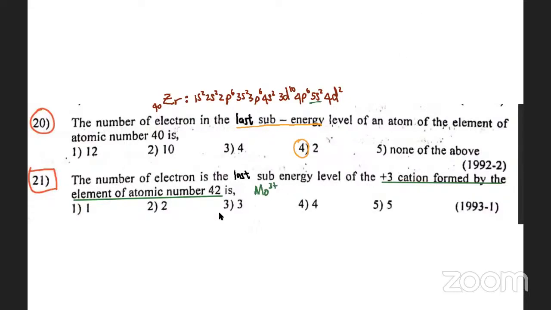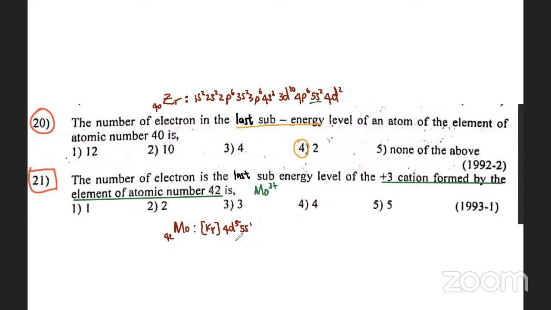Molybdenum, 42, is krypton and after that you will have to remember 4d5 5s1. It is similar to chromium.